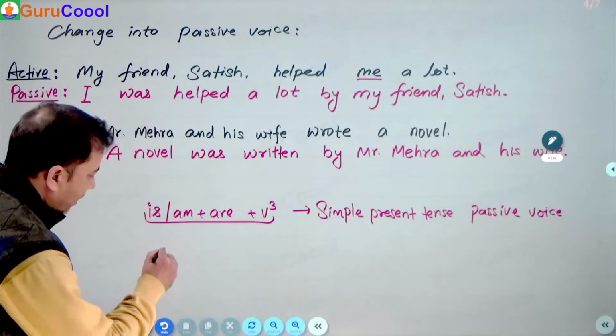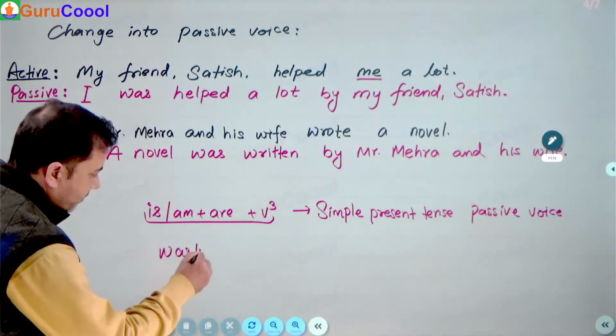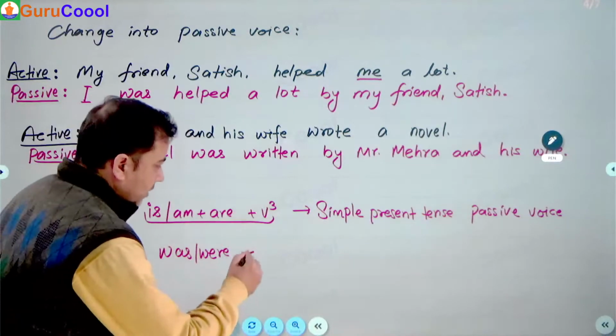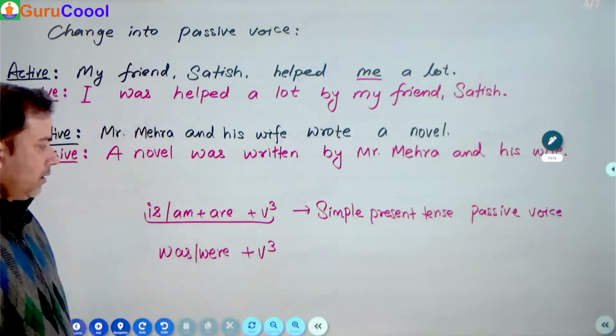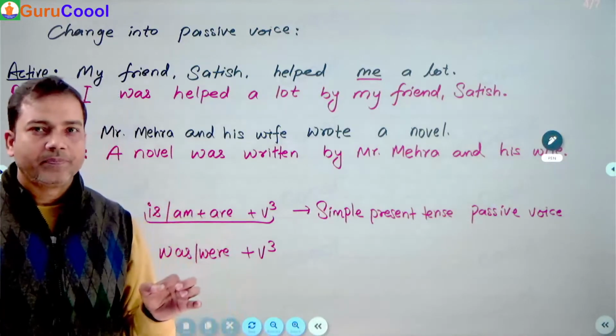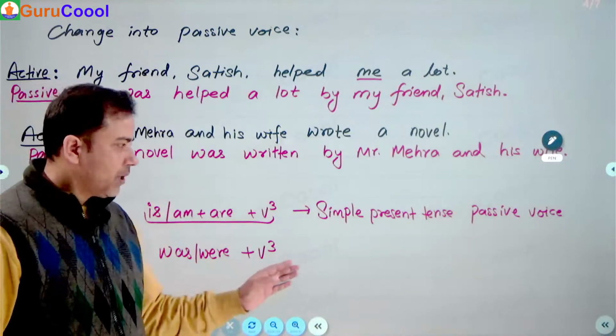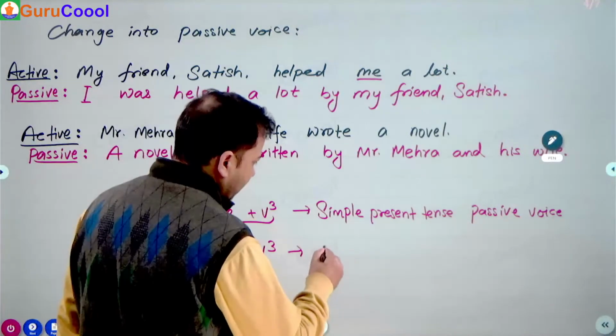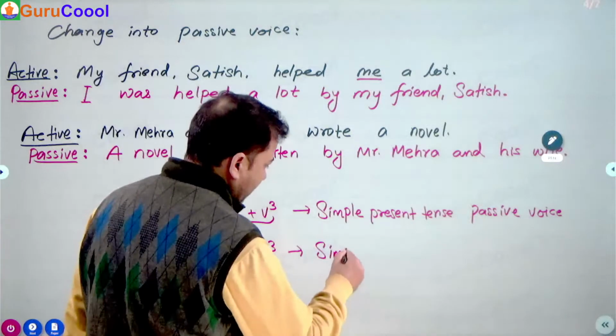Similarly, if you write was or were plus V3, this structure is guaranteed to be in the category simple past tense passive voice, not any other category, only one category, simple past tense passive voice.